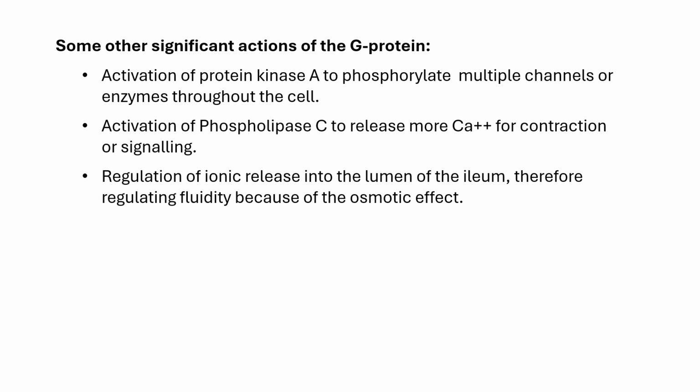So if you overstimulate adenylate cyclase, you get more ions, you get more fluid, and you get diarrhea. And funnily enough, coffee can do this and various other things, bacterial toxins, all sorts of things. So it's quite interesting in terms of regulating that fluid and the pathophysiology behind diarrhea.